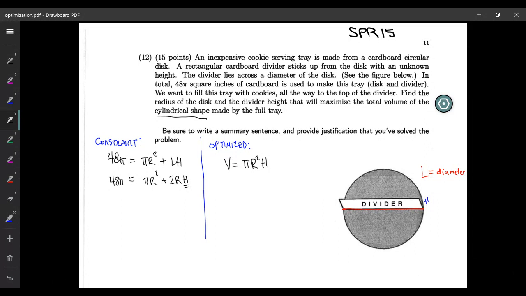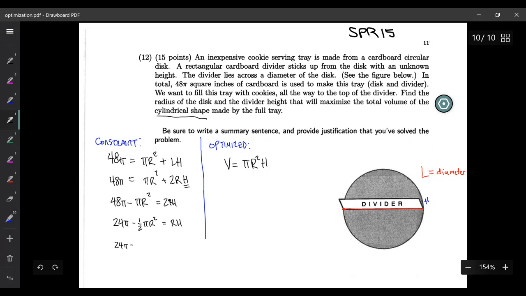Subtract the pi r, 48 pi minus pi r squared. Okay, if I divide both sides by 2, this would be 24 pi minus 1/2 pi r squared equals rh. And then if I divide by r, 24 pi minus 1/2 pi r squared all over r would be my h here.